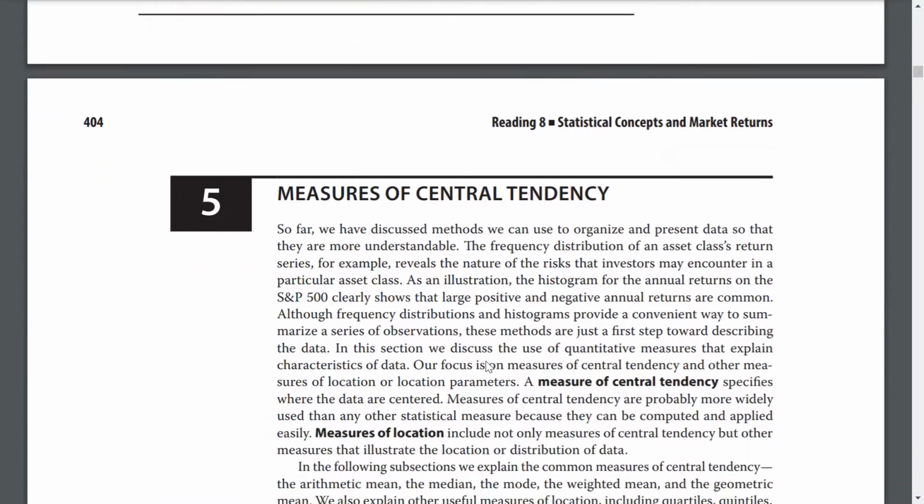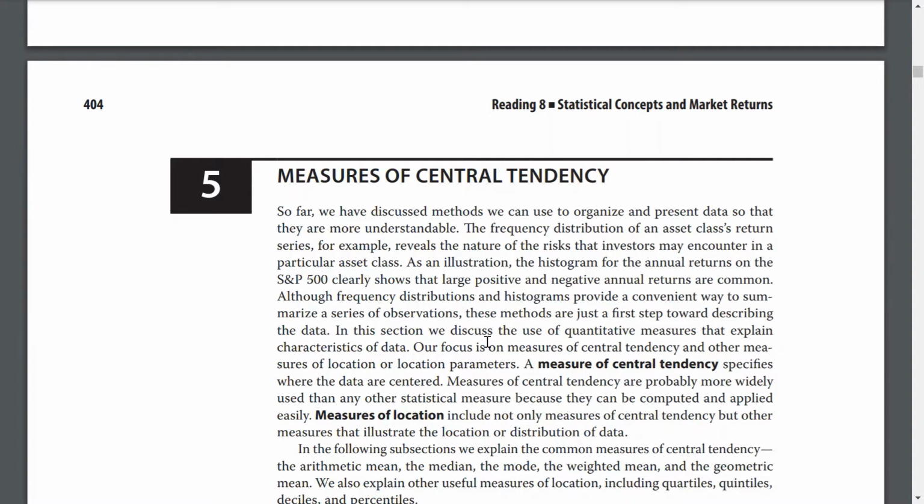All right, CFA Level 1 Program Curriculum, Reading 8, Part 5, Measures of Central Tendency. So far, we have discussed methods we could use to organize and present data so that they are more understandable. The frequency distribution of an asset class's returns series, for example, reveals the nature of the risk that investors may encounter in a particular asset class.